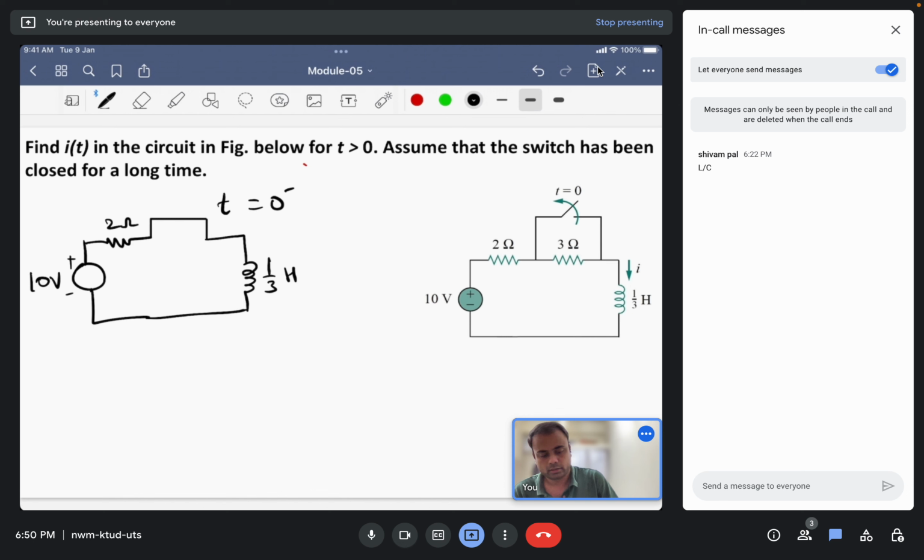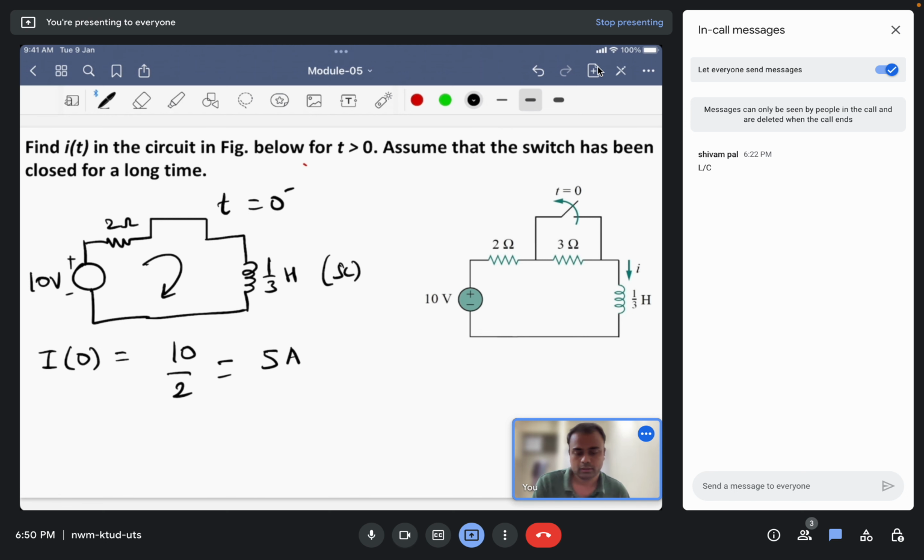Since the inductor will behave as a short circuit here, as the circuit has been in this position for a long time, the current at time equals 0 will be 10/2, that is 5 amperes. So we have calculated I naught at time equals 0 as 5 amperes.